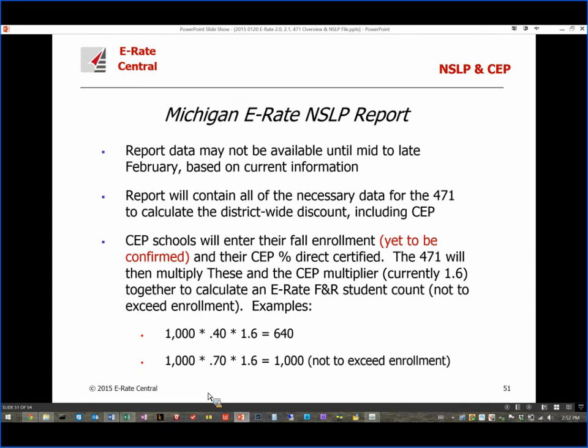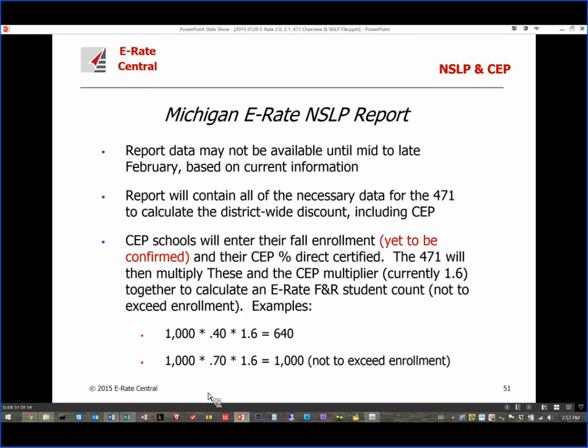Then when a school district or a school enters into a CEP agreement with the state of Michigan and ultimately USDA, they have a specific CEP percent direct certified. And that percentage then is multiplied times 1.6 to get their effectively free reimbursement rate.